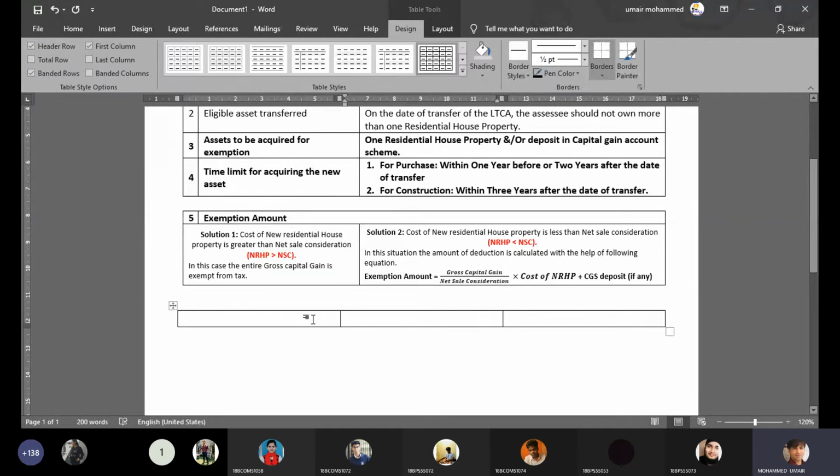Let's assume there are two situations, because you have to know when to use the formula and when not to use it. So this is our situation 2.